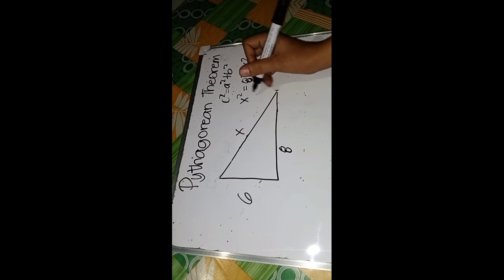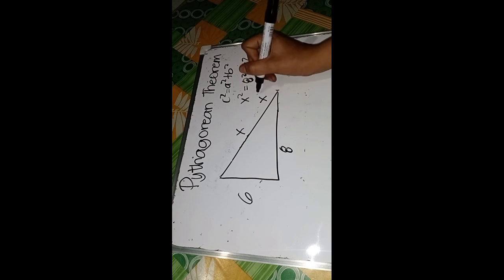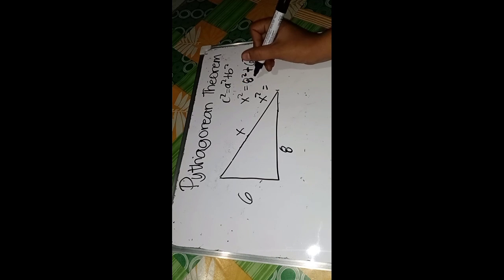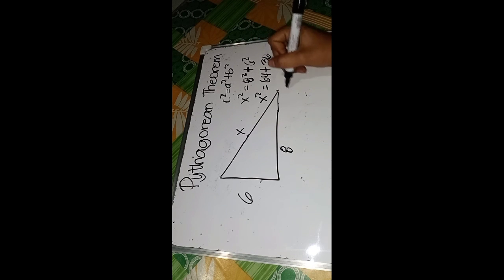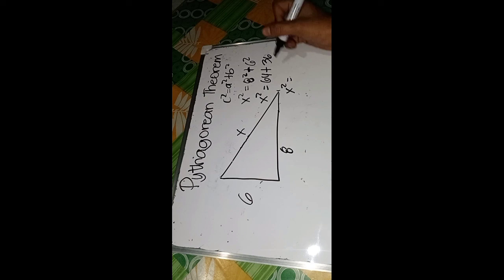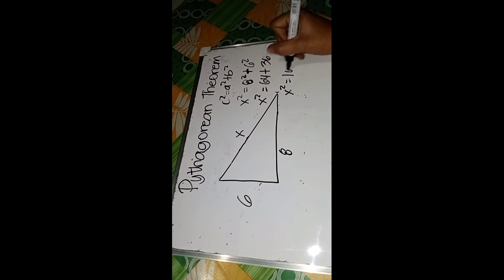So now we're going to compute x squared. 8 times 8 is 64, plus 6 times 6 is 36. So x squared equals 64 plus 36, that is 100.